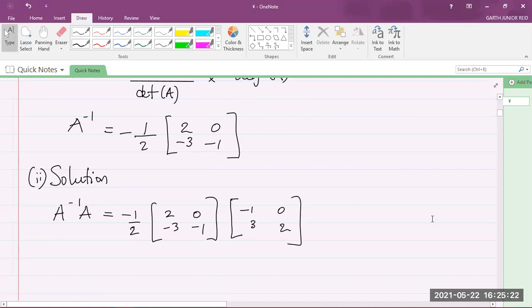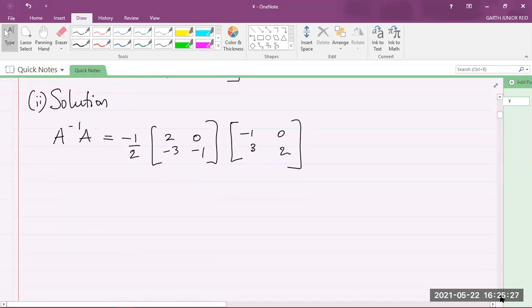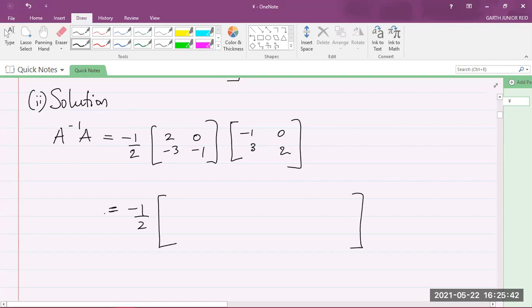Now, remember that when we multiply matrices, we use the row and the column. So multiply the row of the first matrix by the column of the second matrix. That is important.